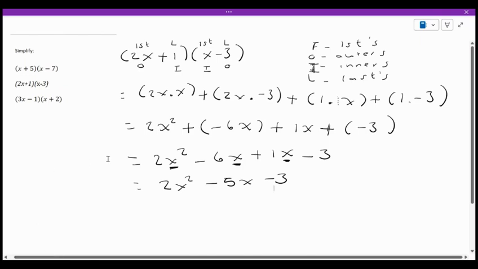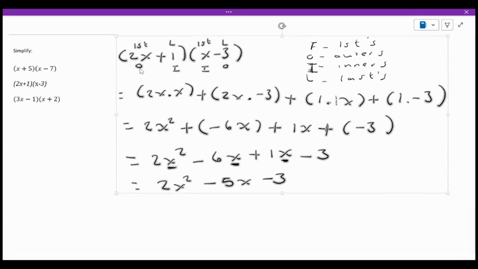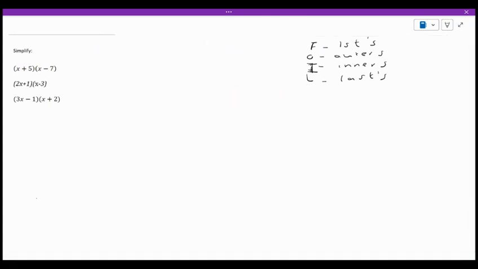Let's go ahead and look at the last example that I have for you guys. And now we have 3x minus 1, x plus 2. We apply the same thing over and over.